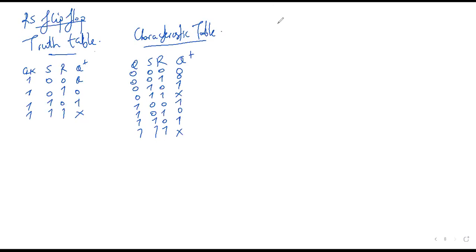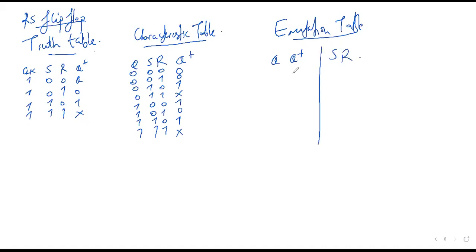With the characteristics table, we can find what we call the excitation table. How do we come up with the excitation table? We have our current state, we have our next state, and we have our inputs like this.